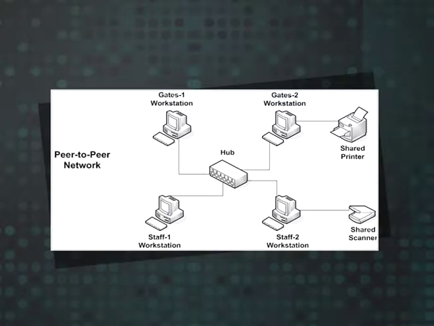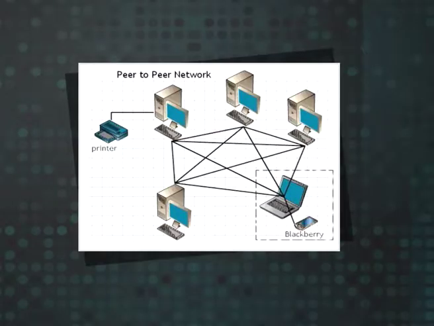A P2P network is formed of personal computers, each of which acts as both client and server, so that each can exchange files and communicate directly with every other computer on the network. Files can be shared directly between systems on the network without the need of a central server. In other words, each computer on a P2P network becomes a file server as well as a client.